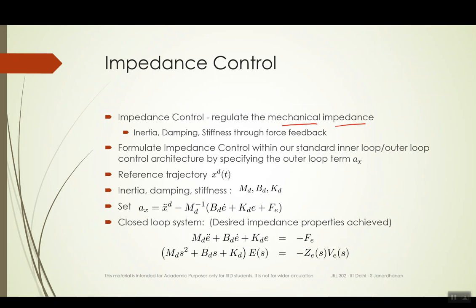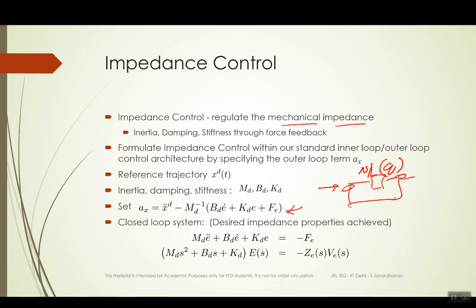What you do is formulate the impedance control in the standard inner loop outer loop architecture. The inner loop will of course be a nonlinear one that works on the joint space, and the outer loop will be a linear control that works on your force feedback or the task space dynamics also.